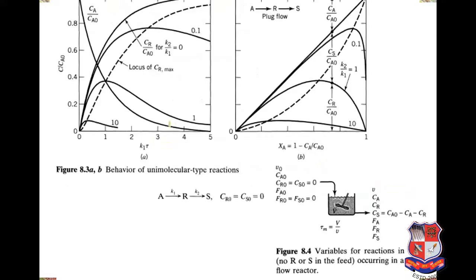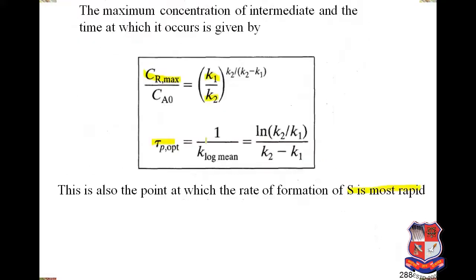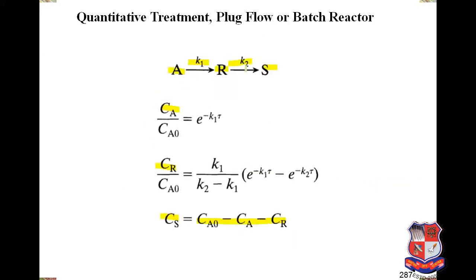How to analyze this? The rate of formation of S, RS, is nothing but K2 into the concentration of R. So when CR is at its maximum, it is going to be the maximum rate of formation of S, and that's why, at the maximum concentration of R, the rate of formation of S is going to be maximum, fine.